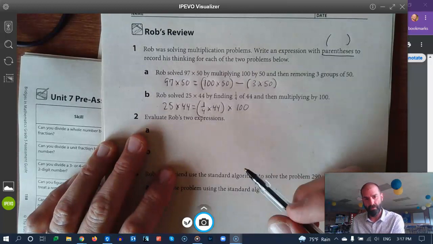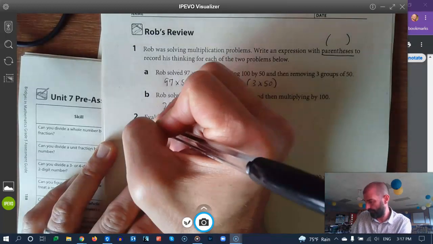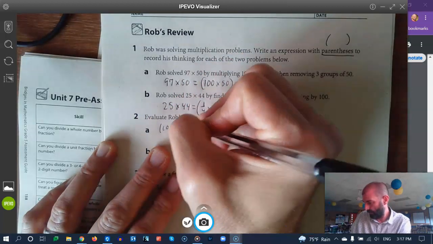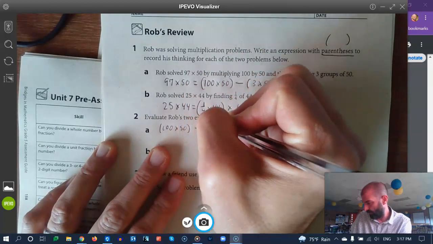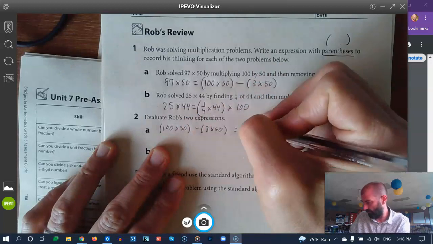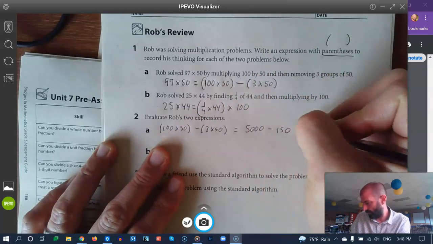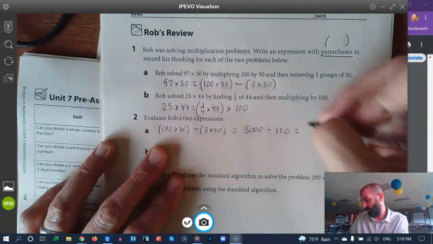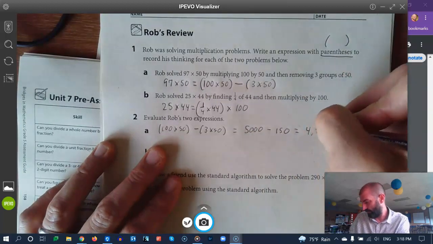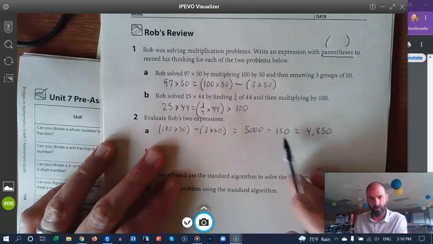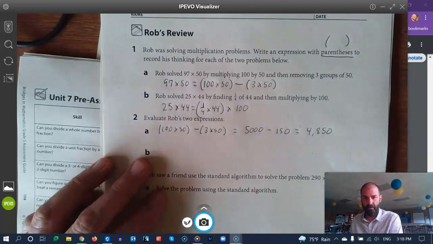Evaluate Rob's two expressions. So that means we're going to solve them. So we have 100 times 50 minus 3 times 50, and that is equal to 5,000 minus 150, which is equal to what? 4,850, because 5,000 minus 100 is 4,900, another 50 is 4,850.